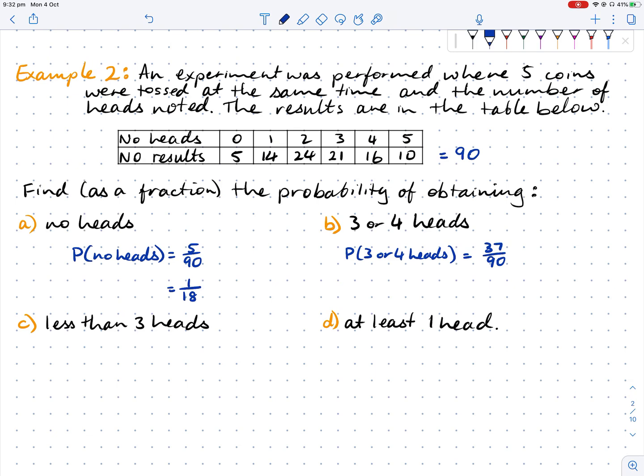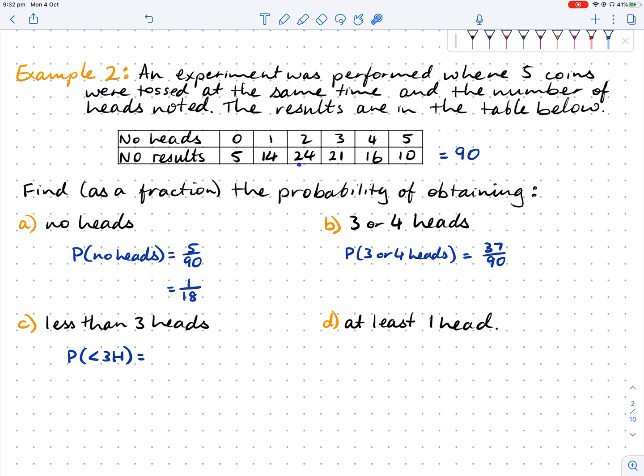The next one, we want the probability of less than 3 heads. Okay, so you can use some mathematical notation if you want. Less than, you can use the less than symbol. So less than 3 heads means that we want 2 heads, 1 head, or no heads. So we're looking at these 3 favorable outcomes.